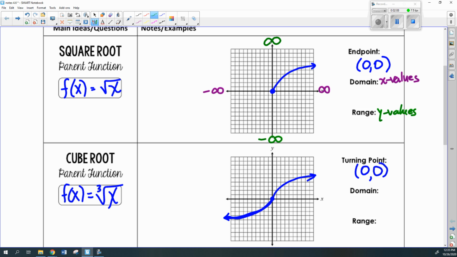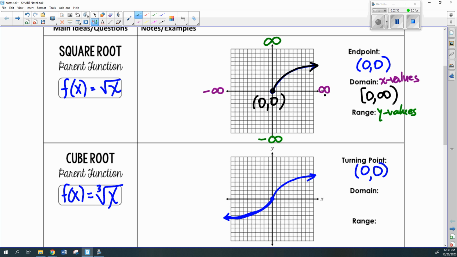So for the domain, we've got our end point. As we come in from the left, the end point is the first point on the graph that we get to. So that means our domain starts at the end point, and it's the x value. And then we trace our graph to the right forever, so that means it goes to positive infinity.